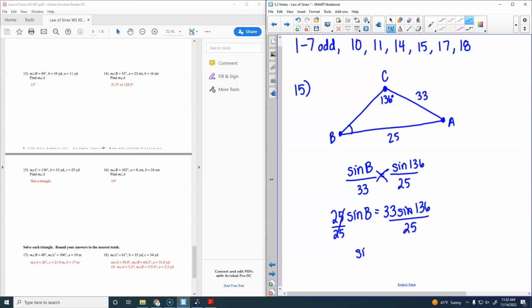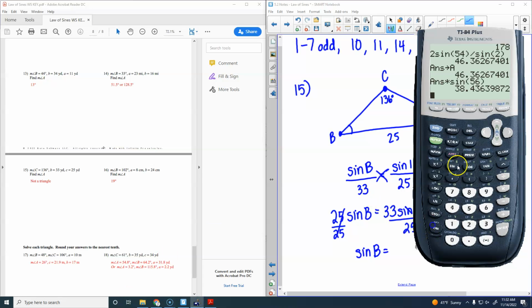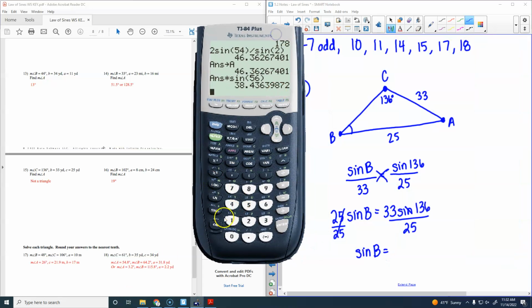So I got sine of b equals 33 sine 136 divided by 25 is going to give us point.